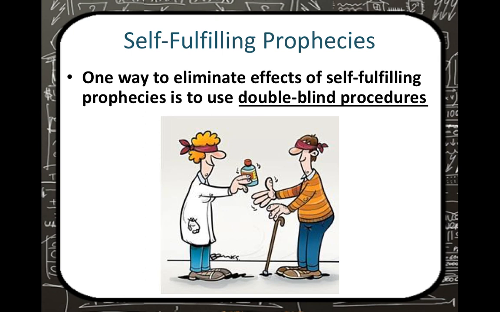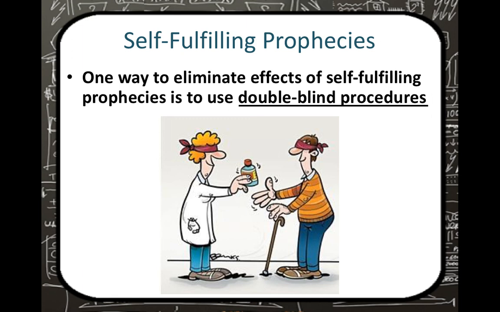And if they know that one group is getting the medicine and they know who those people are, maybe subconsciously they're treating them differently than the people they know are receiving the placebo. And that way they're helping those people get better. It's not necessarily that the medication really is working, but the fact that they believe it is working is influencing how they treat them and causing them to do better, just like with the rats in the maze. So one way of getting rid of this self-fulfilling prophecy thing is double blind.